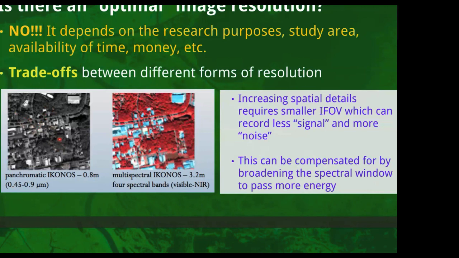And here you might be wondering, why are we given the options? What do we do with those? Actually, there's one major use of the panchromatic band for many different sensors. The reason they give you the panchromatic band is that, because of its high spatial resolution, you can merge it with the multispectral bands to generate a color image with higher spatial resolution.